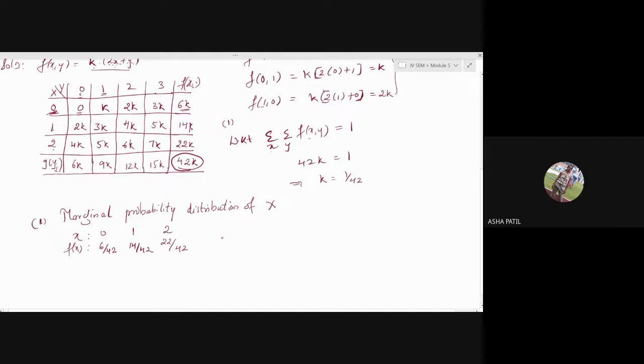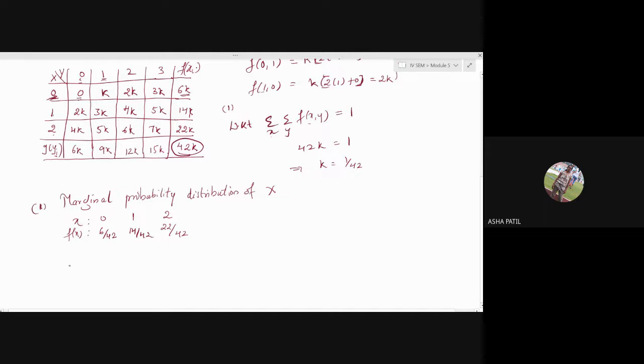Now similarly, write the marginal distribution of y. Y and g of y. Y values 0, 1, 2, 3. Corresponding probabilities. When y is 0, its probability will take the last row there, 6k, that is 6 by 42.